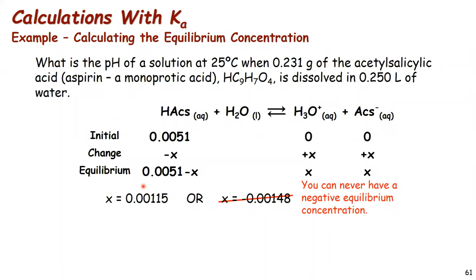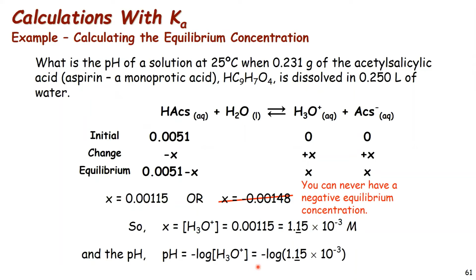So this must be our value of x. So it was asking for the pH. Well, x is our equilibrium concentration of the hydronium ion. So we just need to take the negative log of x. And so our pH then is going to be 2.94.